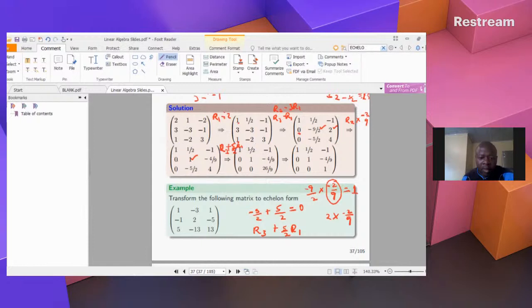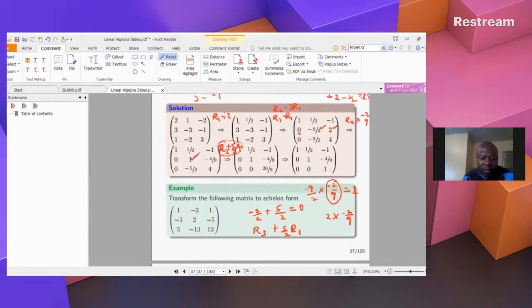Row 1 is 1, a half, negative 1. Row 2 remains where it is, 0, 1, negative 4 out of 9. But what I want to change is row 3. So the new row 3 must be row 3 plus 5 out of 2 row 1.